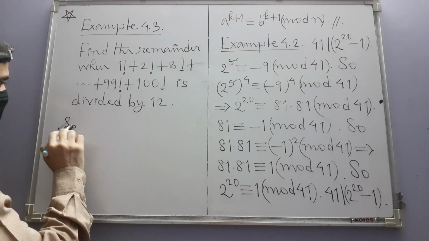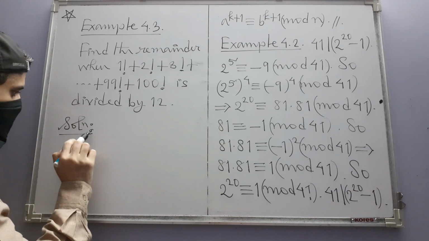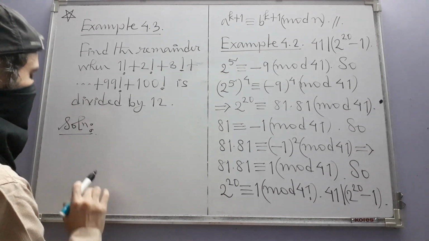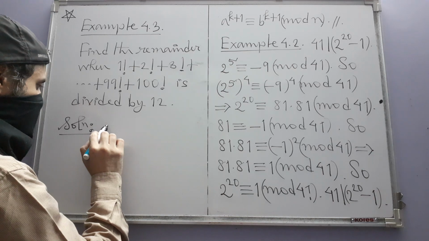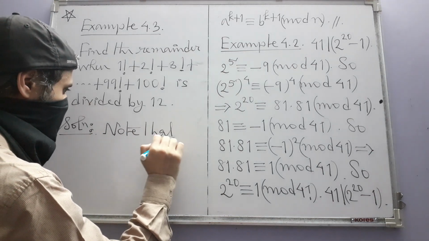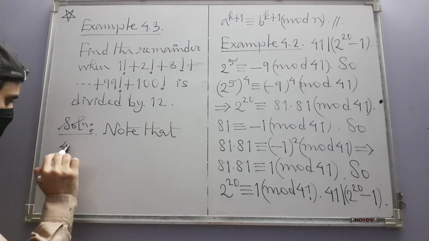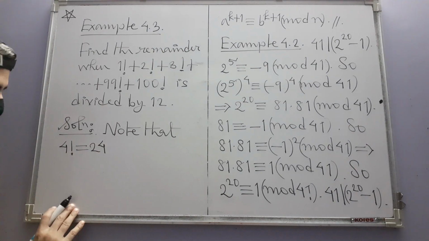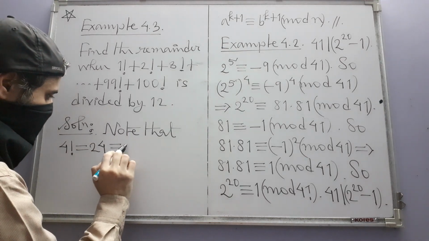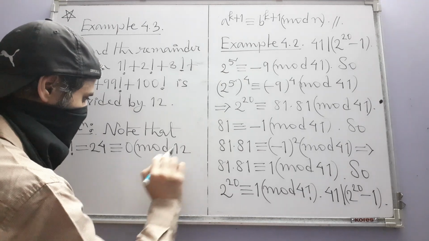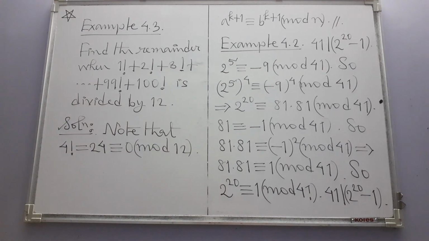Because it's given as a kind of task, let me write a solution. You see, the observation here is this. Note that four factorial is 24, and 24 of course is congruent to 0 mod 12, because 24 is divisible by 12.